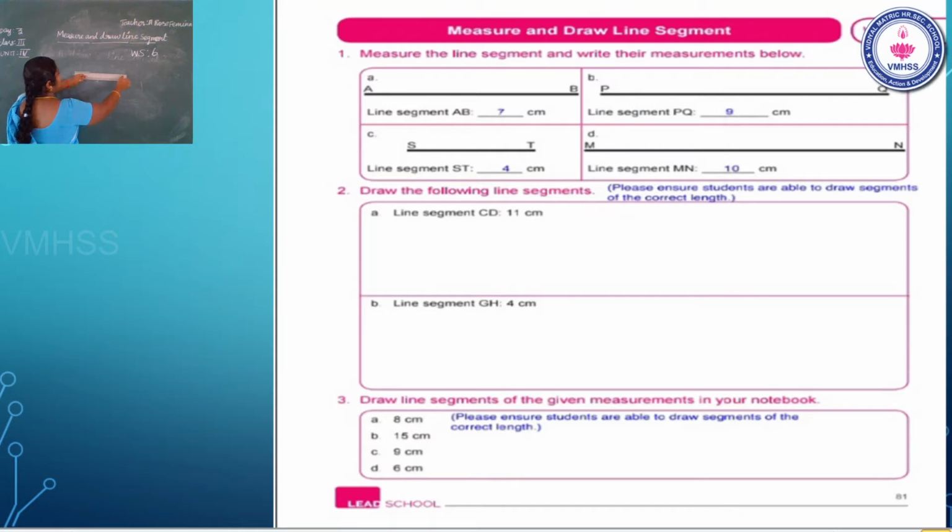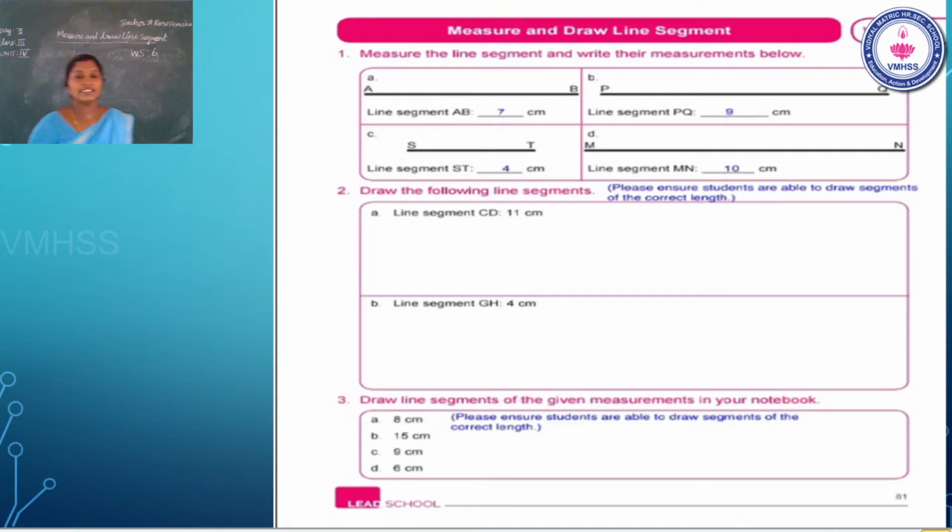So this is B. Here, point S, and this is T. Now we count: 0 centimeter, 1 centimeter, 2 centimeter, 3 centimeter and 4 centimeter. So the correct answer is 4 centimeter.